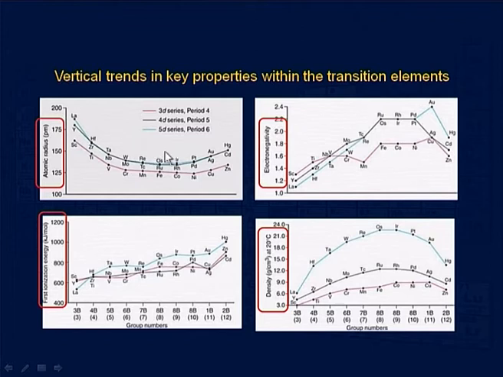You can see how atomic radius, electronegativity, first ionization energy and density change as we move from the first element to the last element, group 3 to group 12, in the first, second and third row transition metal ions. We are going to understand each of these properties one by one now.